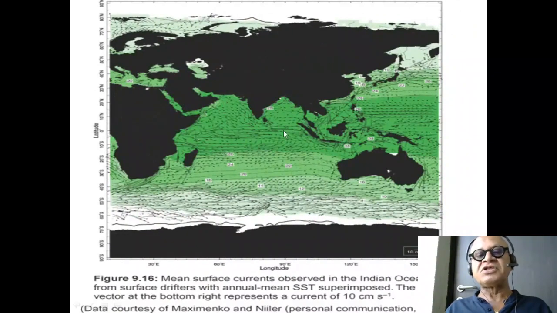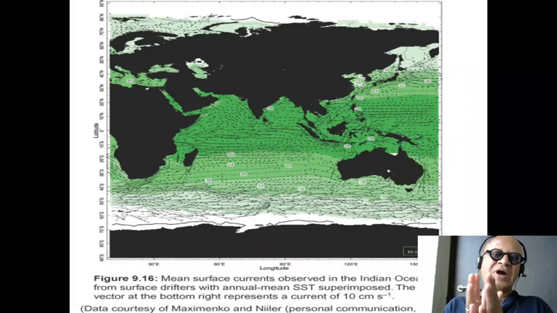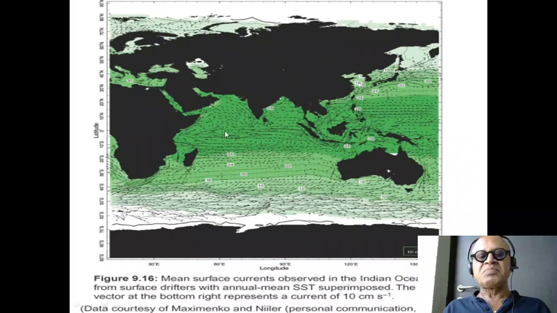The Indian Ocean is very different. You can see that the currents are actually going from west to east, as opposed to the other oceans where they're going from east to west. But just like it doesn't make much sense to make zonal mean meridional sections in the ocean, it doesn't make much sense to do annual mean currents in the Indian Ocean, because the winds completely change direction.